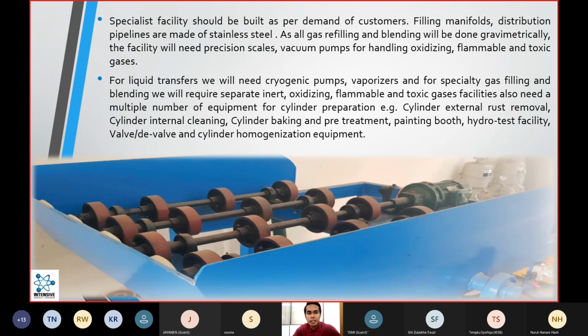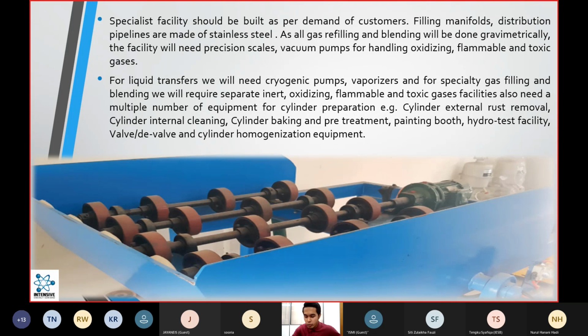Also need multiple pieces of equipment for cylinder preparation, for example cylinder external rust removal, cylinder internal cleaning, cylinder baking and pre-treatment, painting booth, hydro test facility, valve and devalve, and cylinder homogenization equipment. So mostly manufacturers are using the gravimetric method to fill gases, and their weight balance is traceable to NIST.